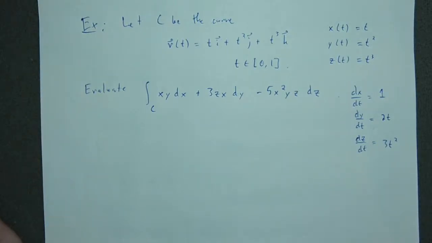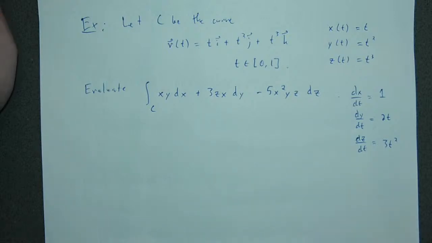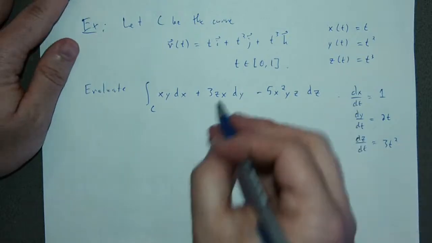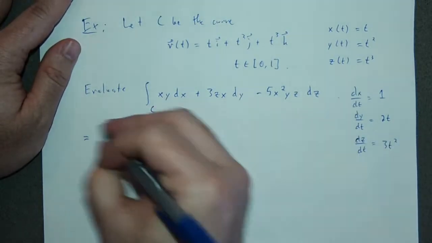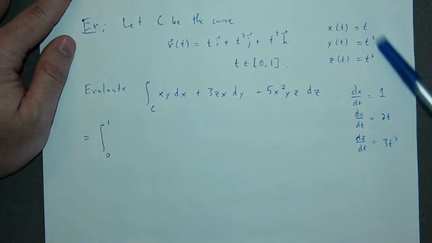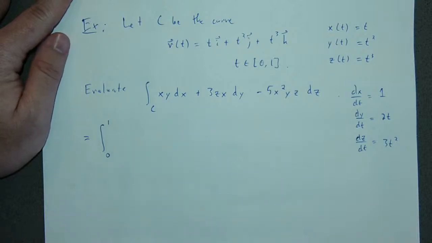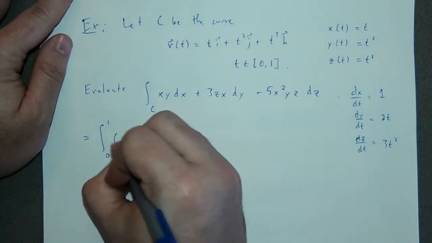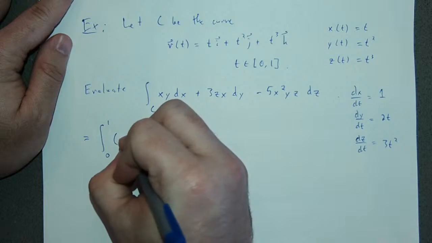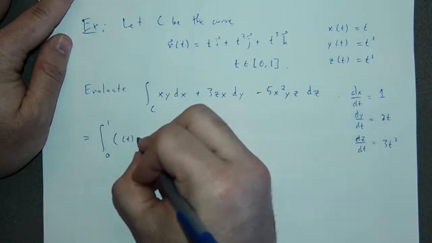Okay. So then using this notation to my advantage here, I can say, well, this line integral is just the integral from 0 to 1 of, now I can just write all of these things out in the way that they're suggested by this notation, right? So this is t times t squared.